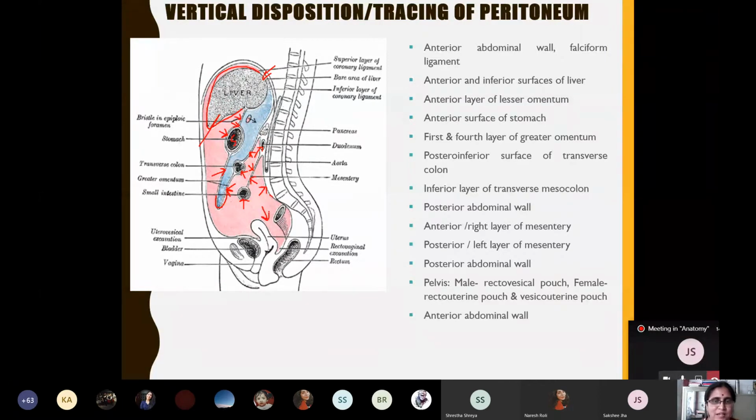In the pelvis, in the case of the male, it lines the anterior surface of the rectum and is directly reflected towards the urinary bladder as a rectovesical pouch.